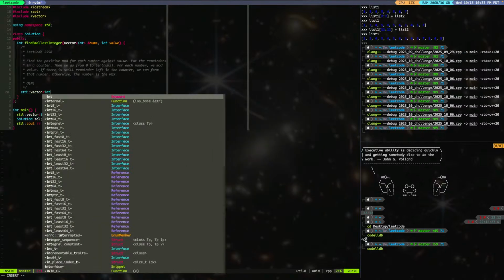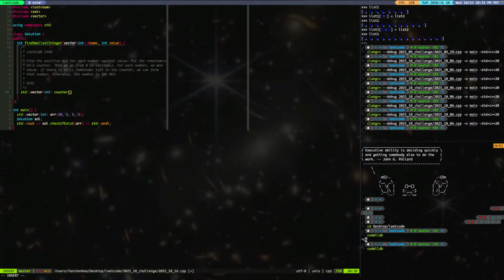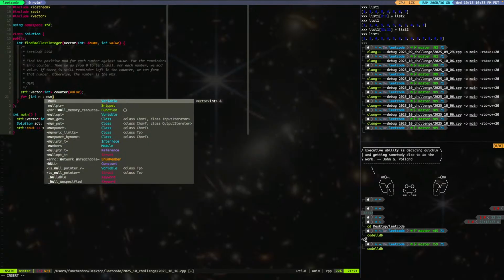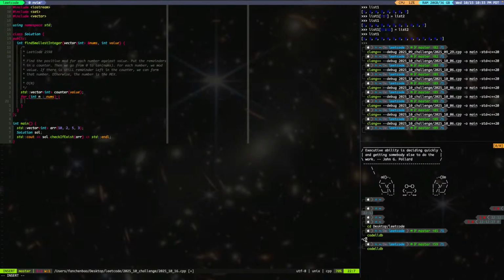So on. Vector int counter will be length of value. For int n of nums. Actually, n times, no, it's n. That's it. So we say counter something plus plus.